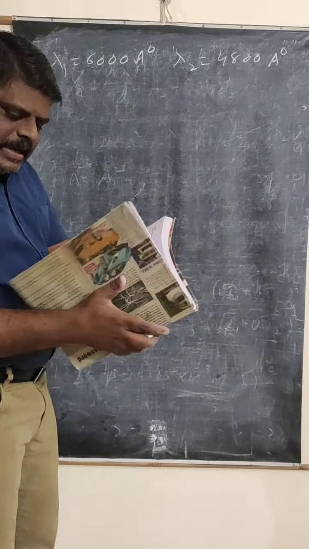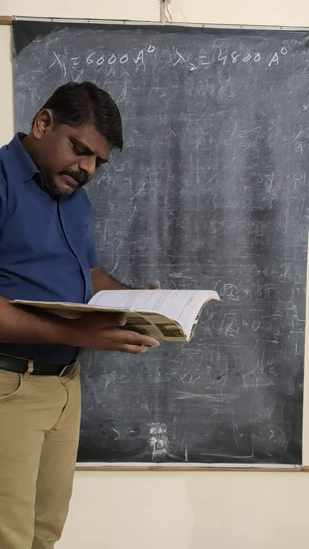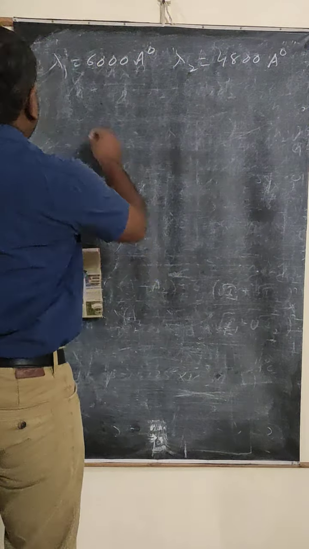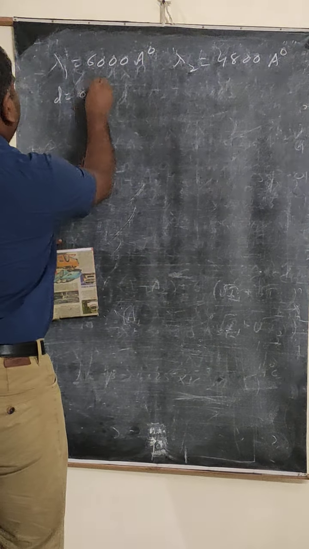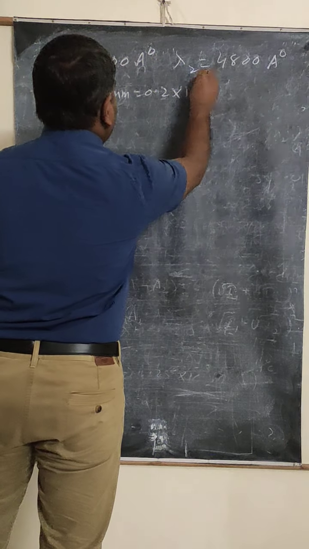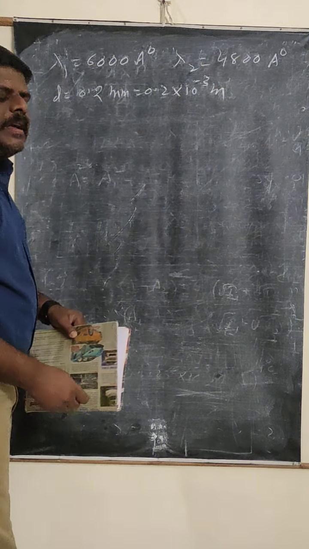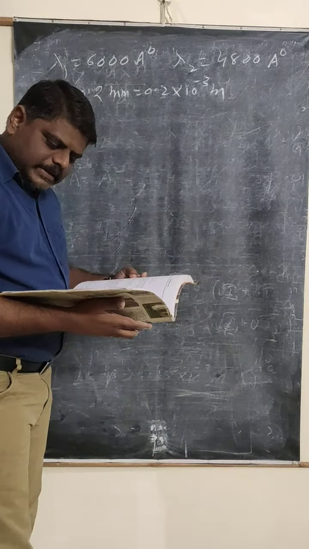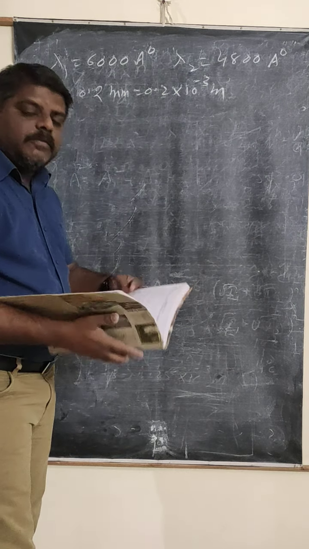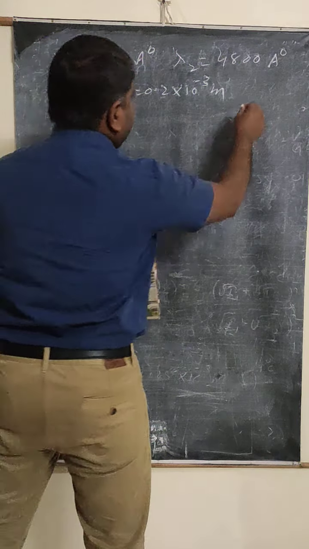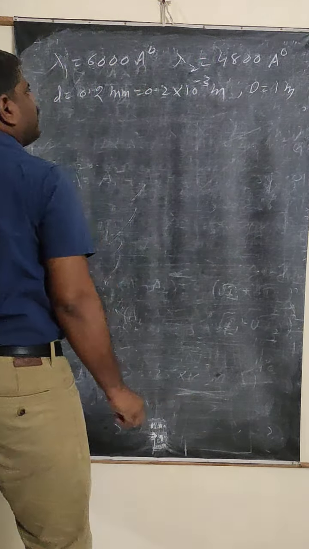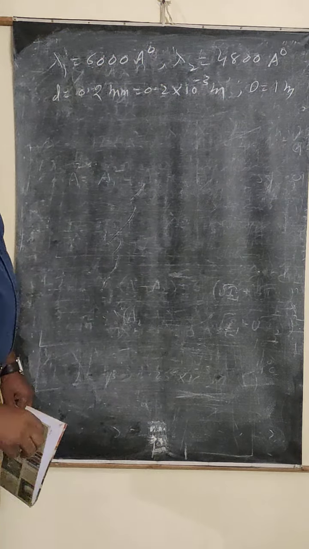The distance between the slits, small d, is given as 0.2 millimeters, which equals 0.2 into 10 power minus 3 meters, that is, 2 into 10 power minus 3 meters. Next, the distance of the screen, capital D, is given as 1 meter. So these are the values given to us.